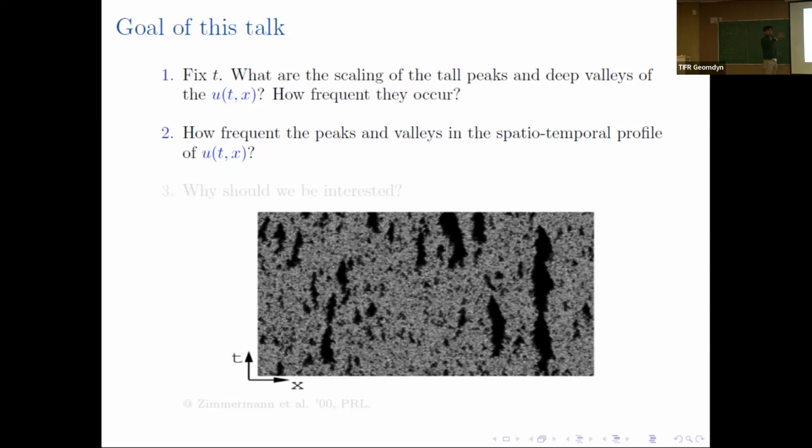So they were looking at the peaks, and if the peaks exceed some threshold, they color it white, and if it is below that threshold, it's colored black. Now you see this white and black region has some laminar structure, but it is often nucleated by neighboring turbulence-like structures.